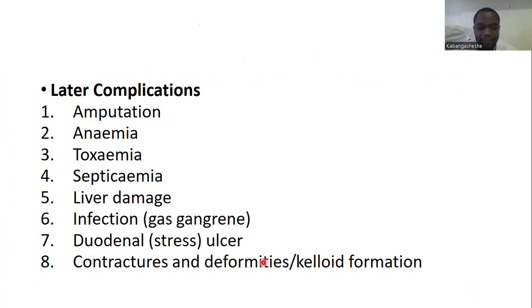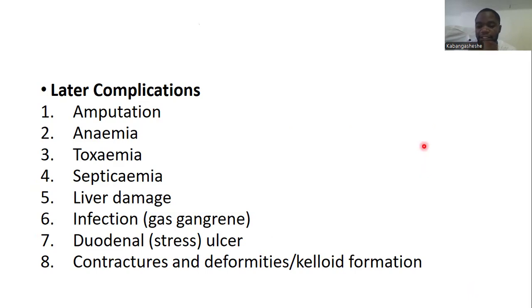Anemia. Septicemia and toxemia, of course, go hand in hand. Liver damage, infection, especially gangrene, gas gangrene, caused by Clostridium. Contractures. I mentioned eschar formation on joints, so that may limit mobility in that joint and cause contractures.